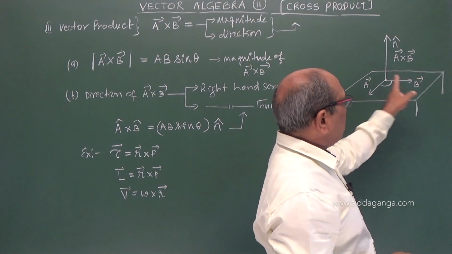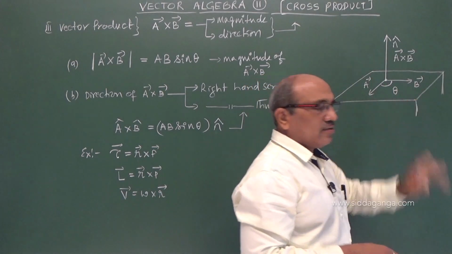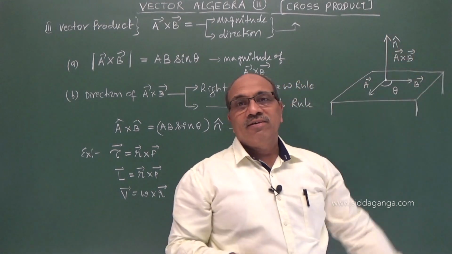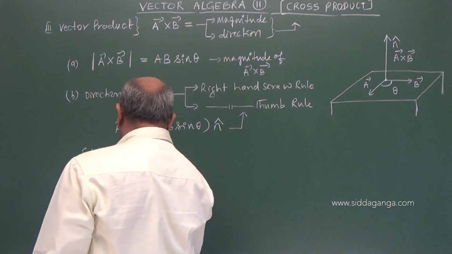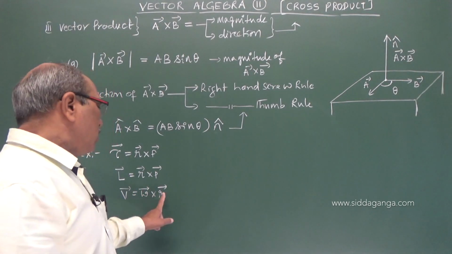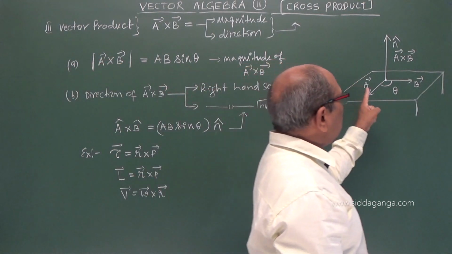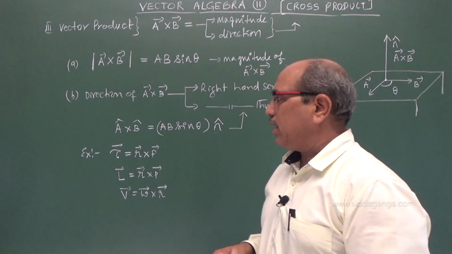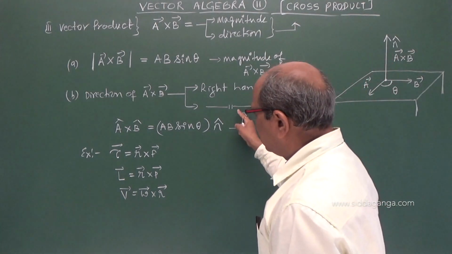Or the radius vector and the linear momentum; L is perpendicular to R cross P. Similarly, with omega and R, the linear velocity will be perpendicular to omega and perpendicular to R. That one direction I have given you, that of A and B. How this arises, I will take first, then come to the direction property in detail.